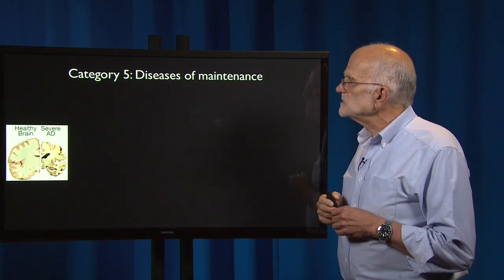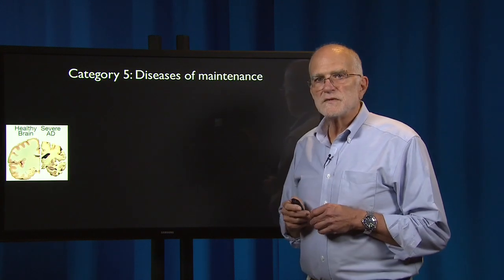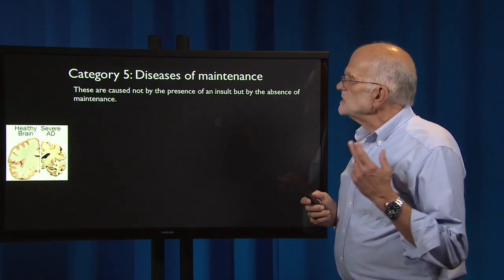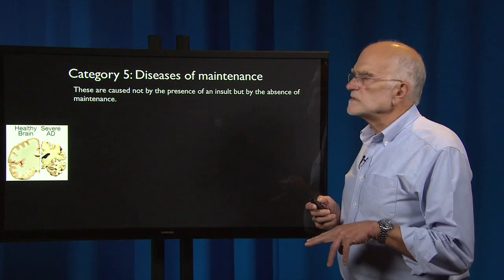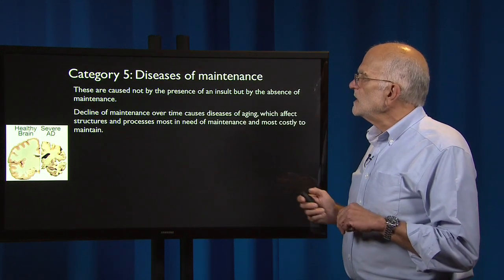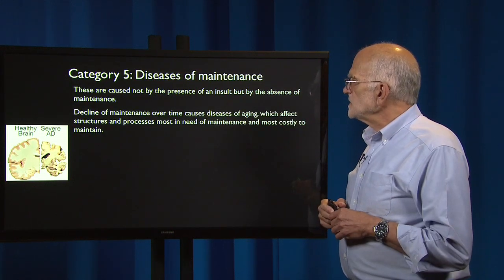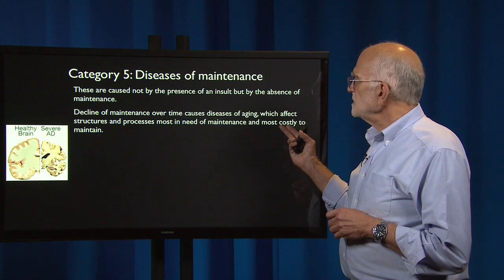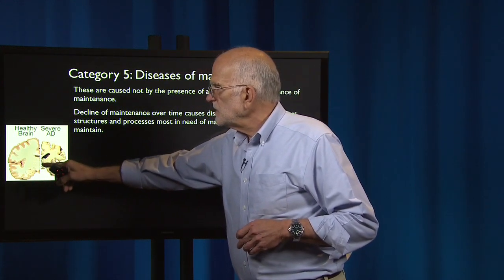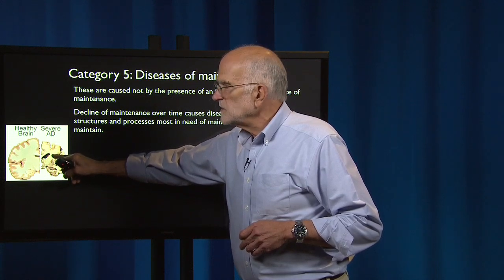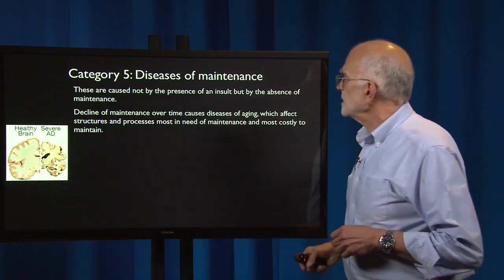Category 5 diseases are diseases of maintenance. These are diseases that are not caused by the presence of some insult, but by the absence of maintenance. The decline of maintenance over time causes diseases of aging, here evoked by the contrast between a healthy brain and the brain of someone with severe Alzheimer's disease.